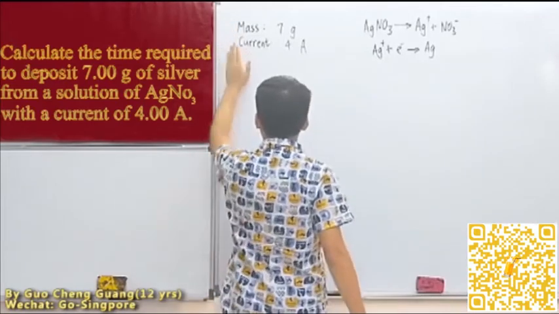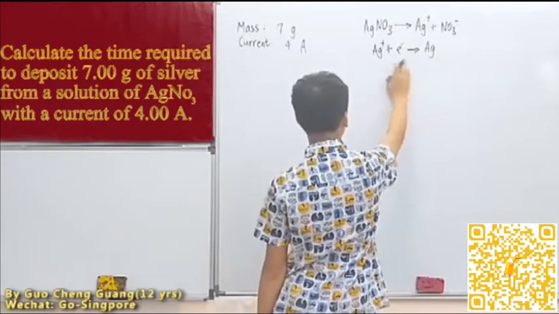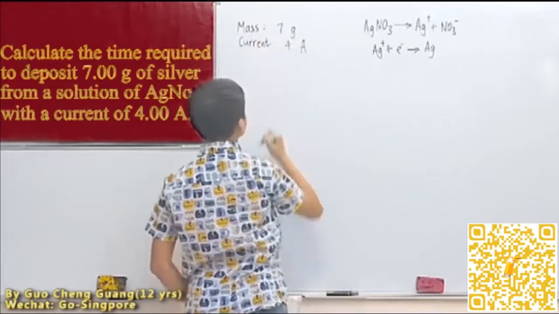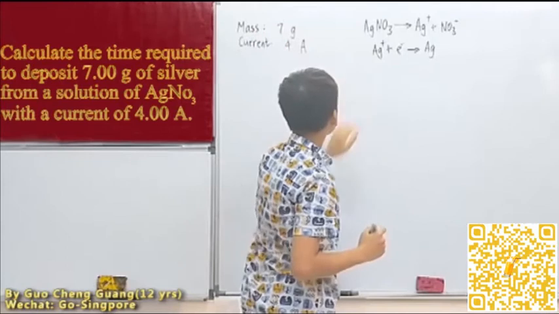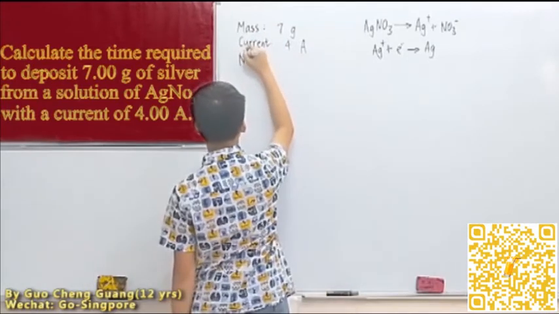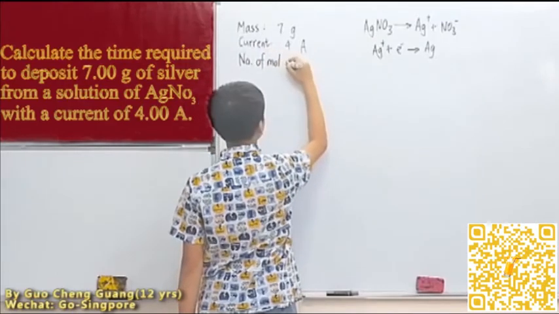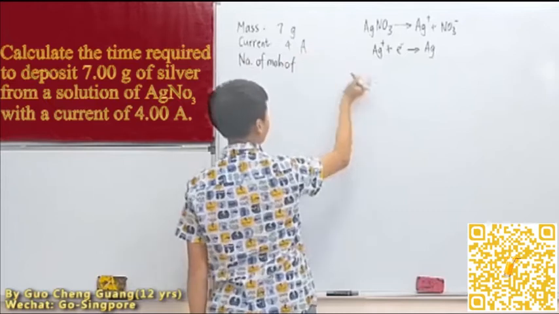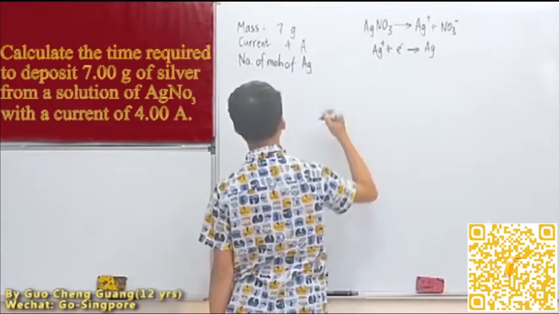So here you have mass and the current. What can we get from these? The mass, so we can use the mass to find the number of moles of Ag, which is silver.